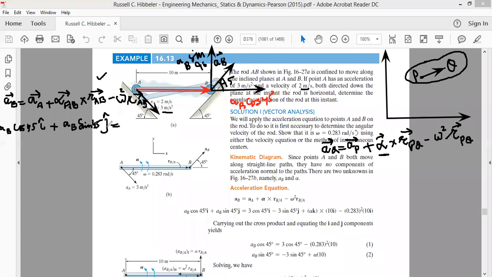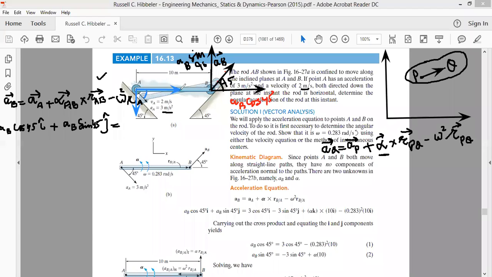Now look at the acceleration of A. The acceleration of A is given to us as 3 meter per second square. You can resolve this acceleration into two components, one along this direction and another along this direction. Since this angle and this angle are vertically opposite angles, this will also be 45.